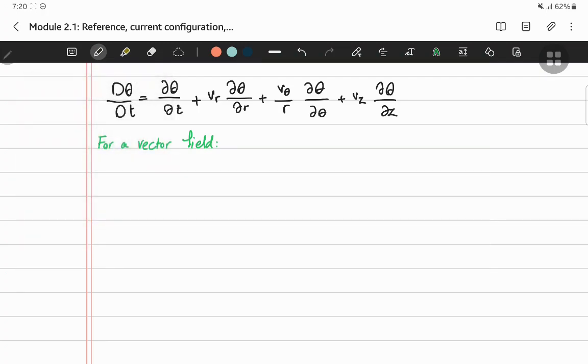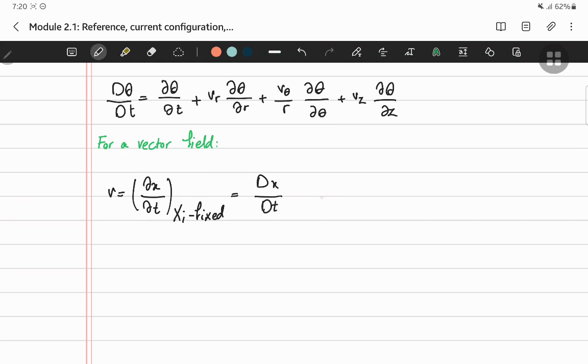It said that if you have v, the velocity, in the material description, you have the partial derivative of x with respect to t, where capital X is fixed, and you say that this is dx dt, right?